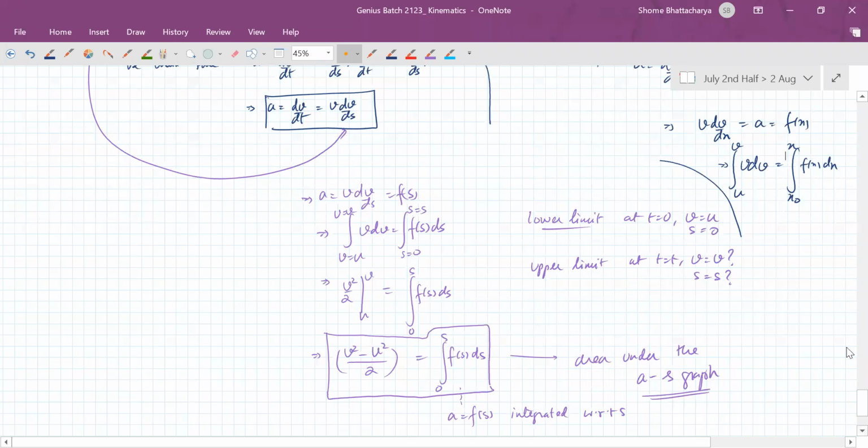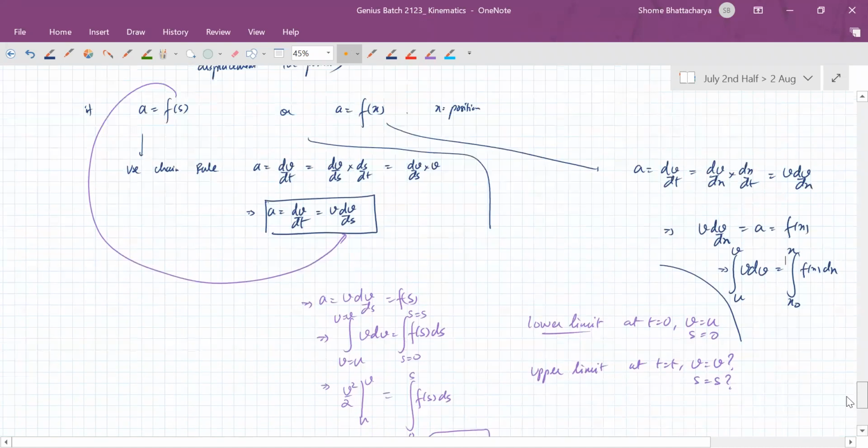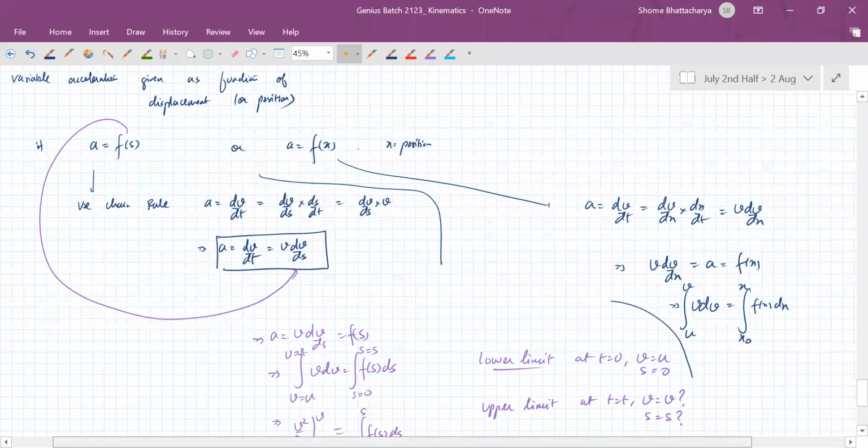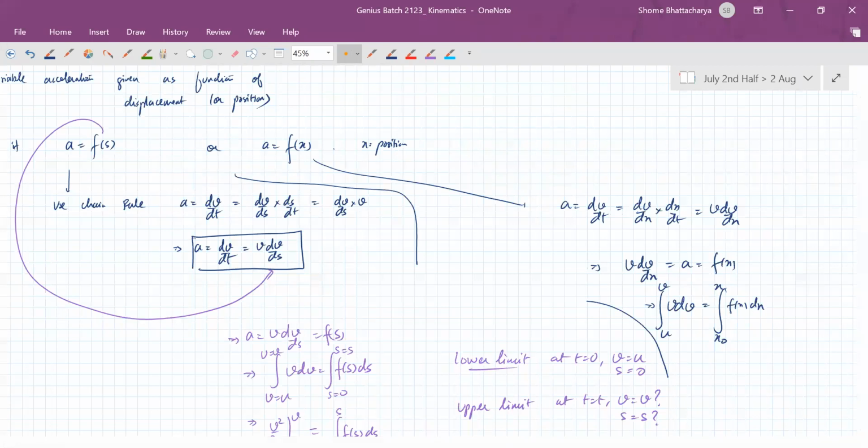Which one? The position one, yeah. Okay. So it's just the difference in the limits of integration. Okay, so this is done now, na?